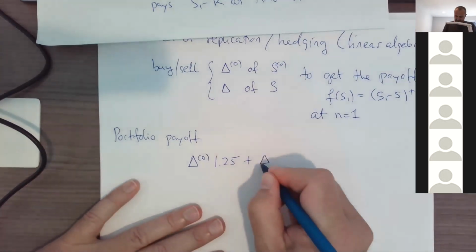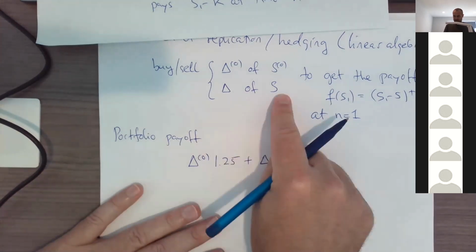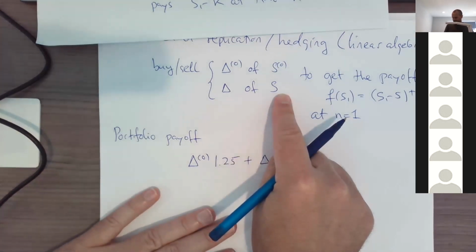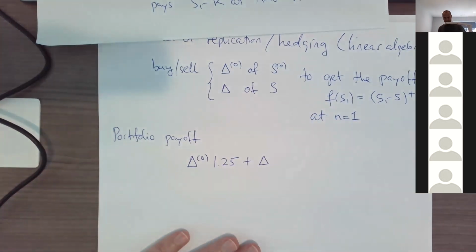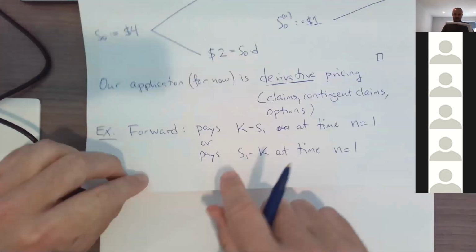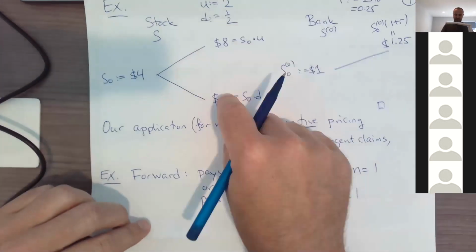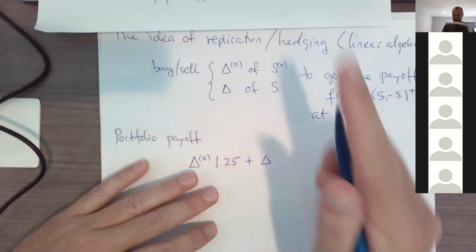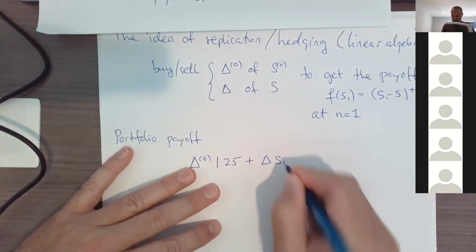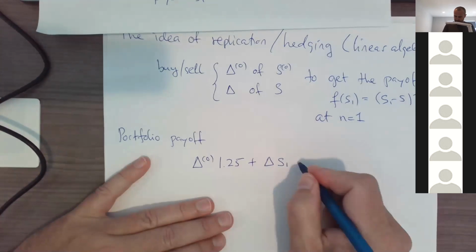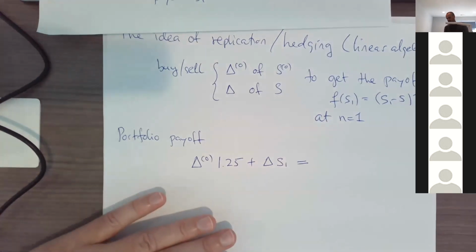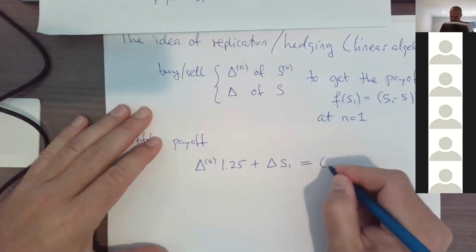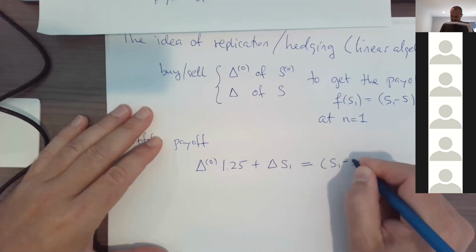I have delta of S. Okay, so the price of S is what? The price of S is either 8 or 2. So let me just write this here as S1, right? And what I want this thing to be is exactly S1 minus 5.